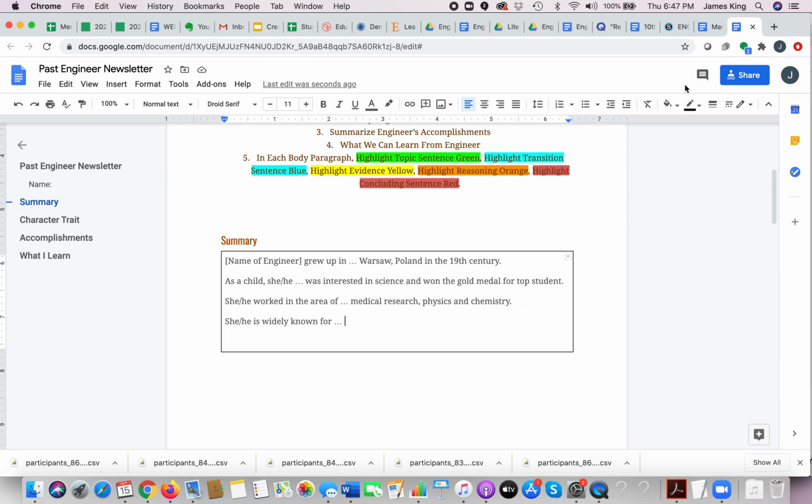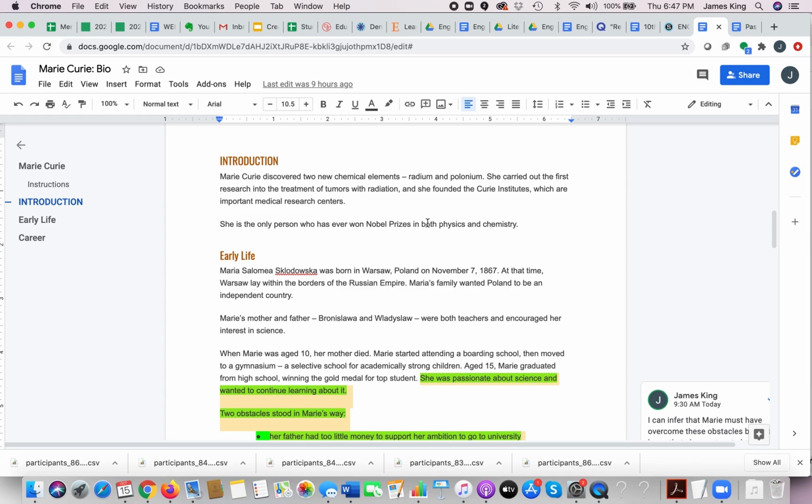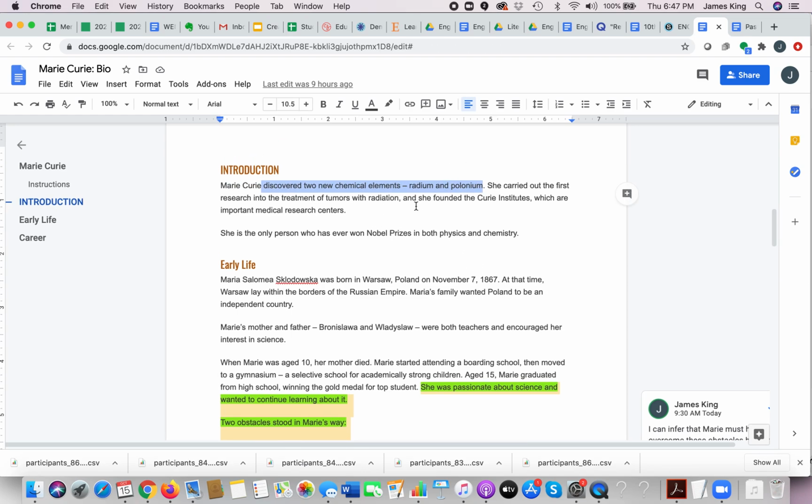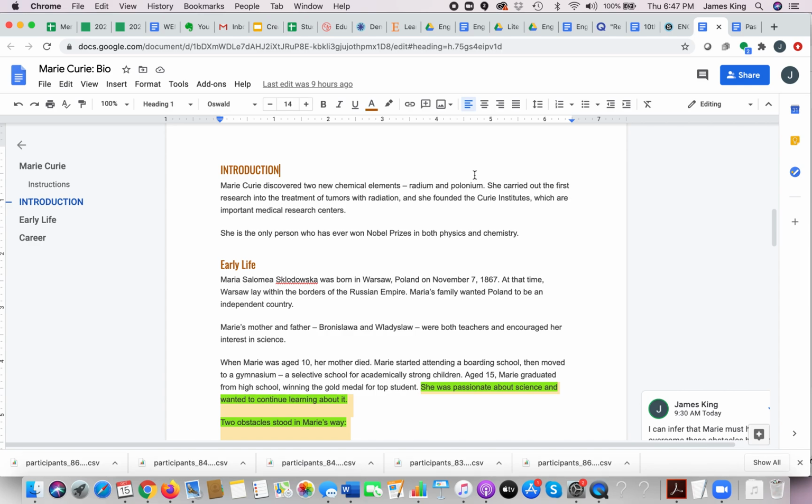She's widely known for a couple of things. We know in the text that she discovered two new chemical elements, radium and polonium. I'll just say discovering two elements, and what else is she known for?